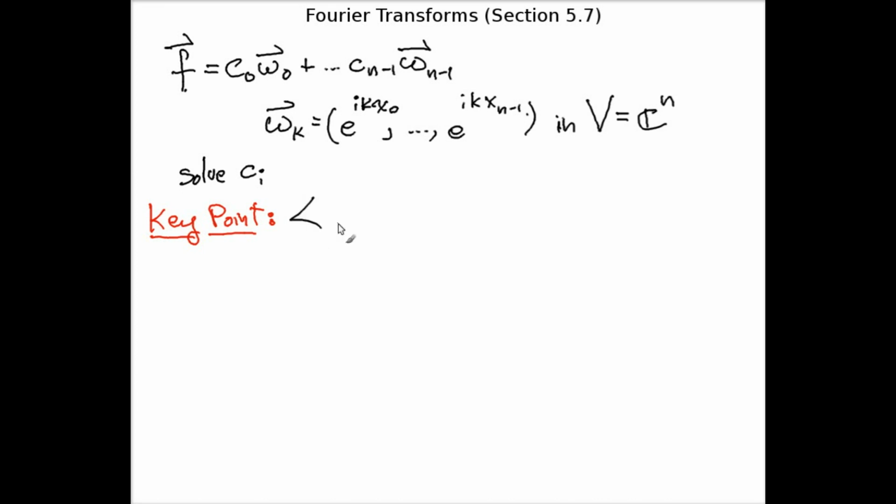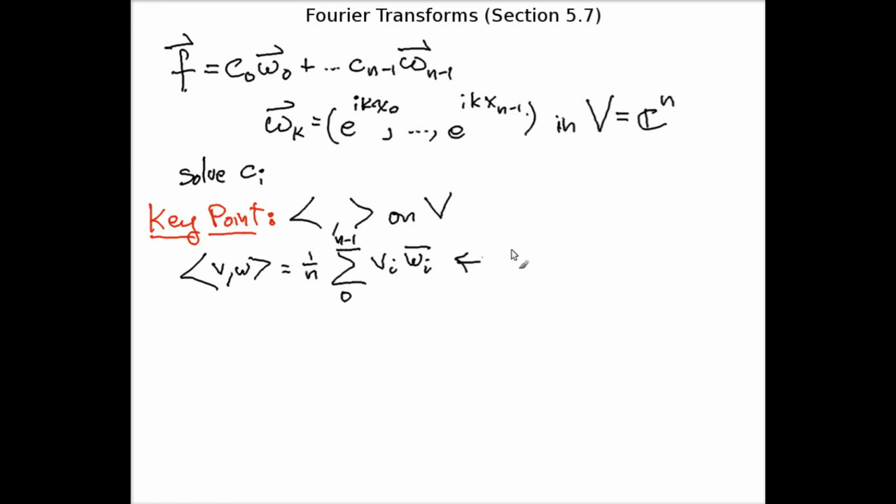We define an inner product on V, and it's defined by the inner product of v and w is 1 over n times the summation v_i w_i bar, where v_i and w_i are the coordinates of v and w, running from 0 to n minus 1.